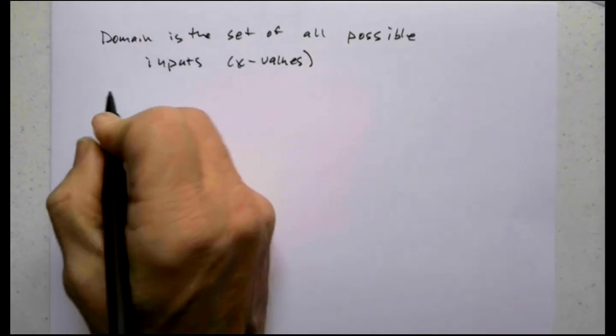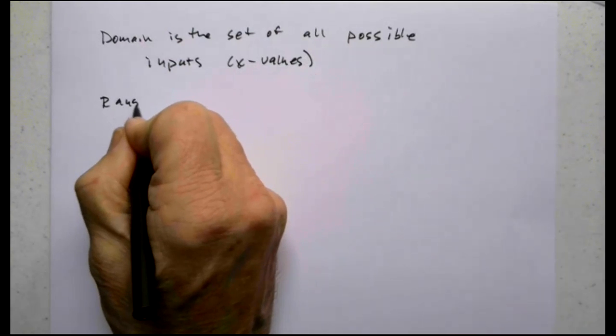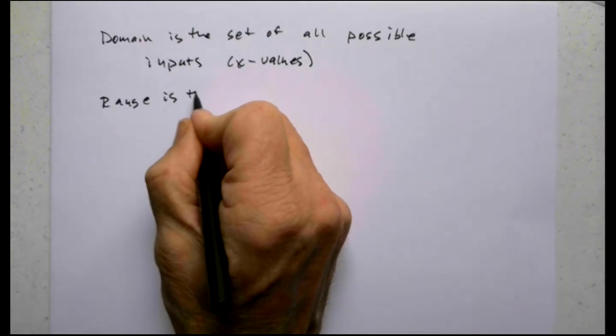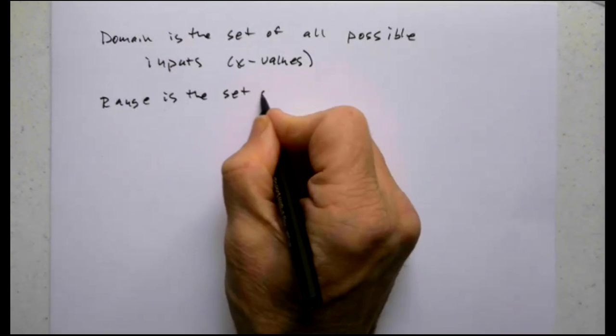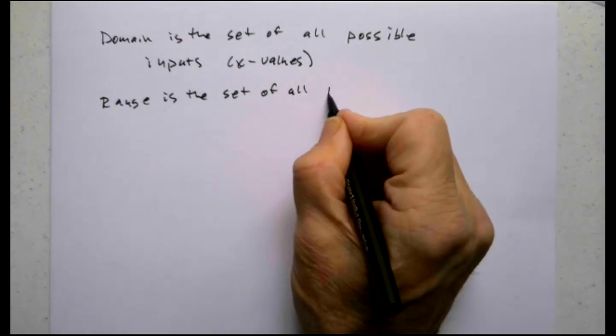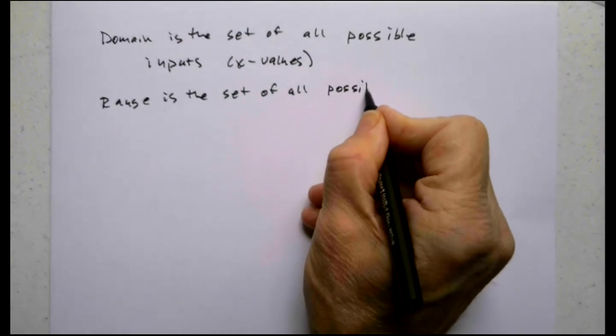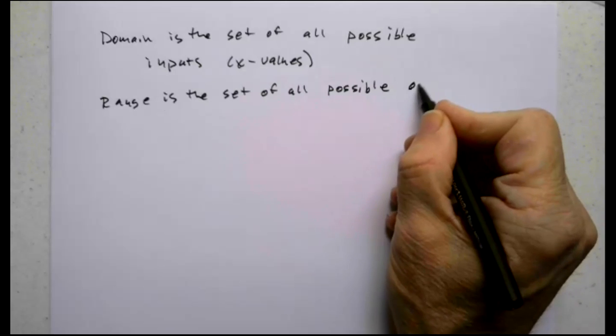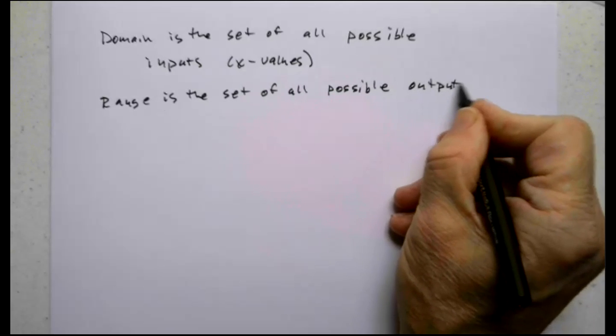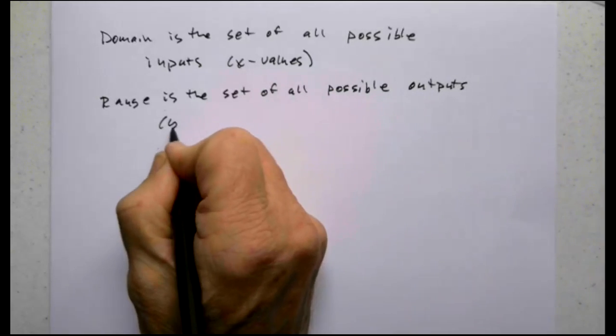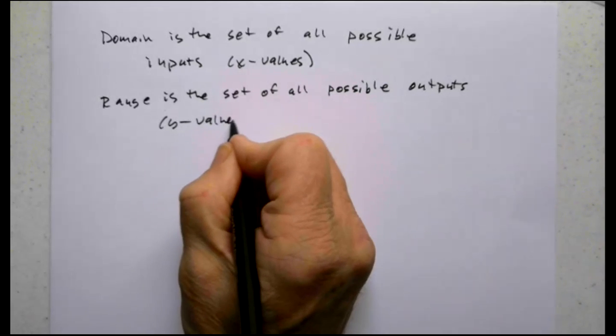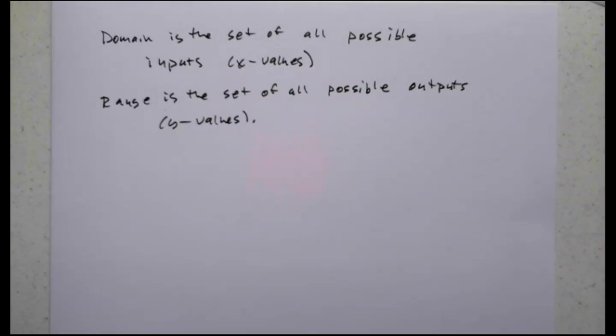And the range is a set of all possible outputs. Which, of course, are y values. So if you look at our graph, what inputs do we see? What x values do we see?